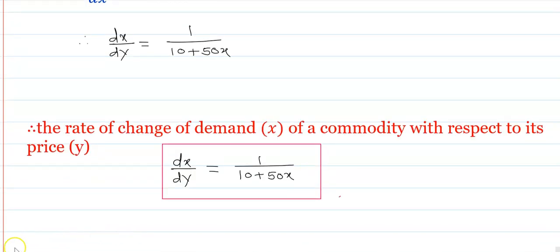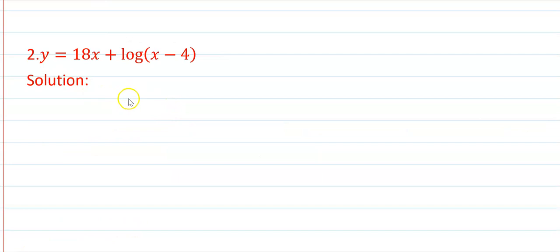Now we'll take the next problem. Again, a similar problem is here. y is equal to 18x plus log of (x minus 4).